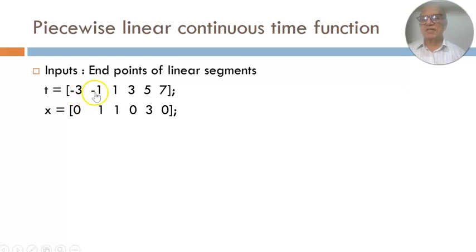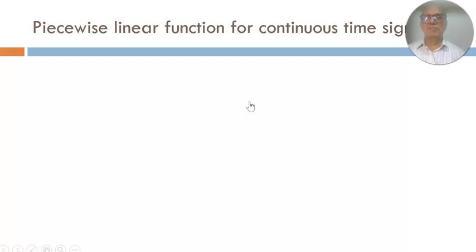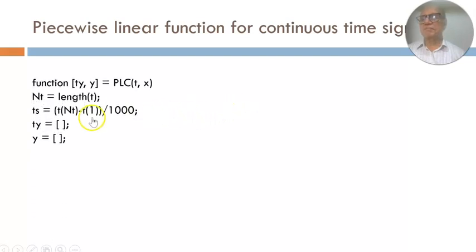That is because the first line requires 2 points. Thereafter, only 1 additional point is required. So that is why you will find that the total number of line segments that you will be generating will be 1 less than the endpoints which are provided here. Alright. So this is the kind of input that we will provide, and the intermediate points will be calculated by the function. So let us now see the program for the function.